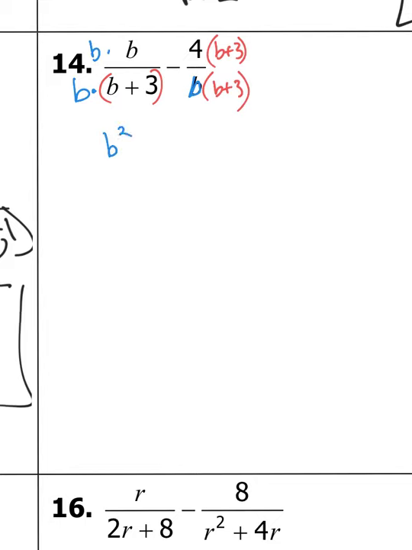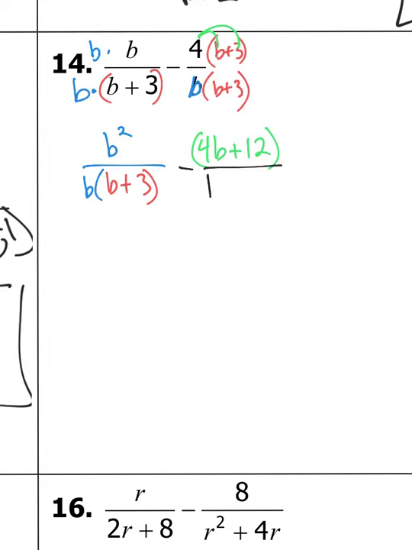So I get b squared over b plus 3, and we're going to subtract that with 4b plus 12.